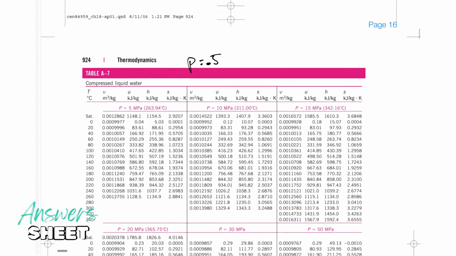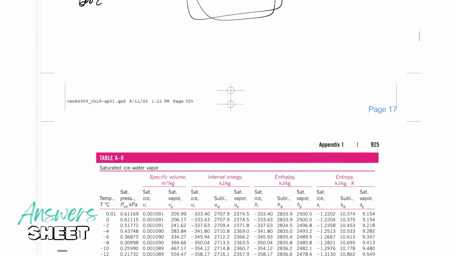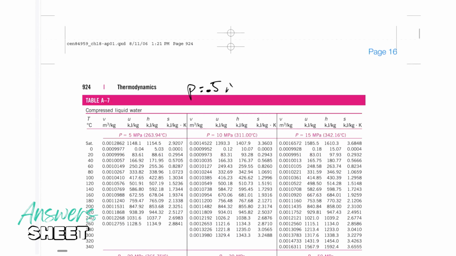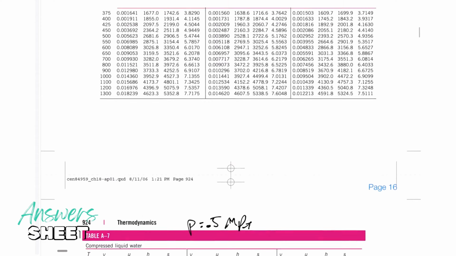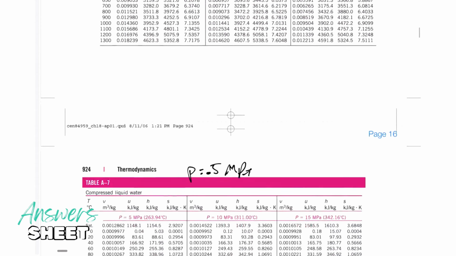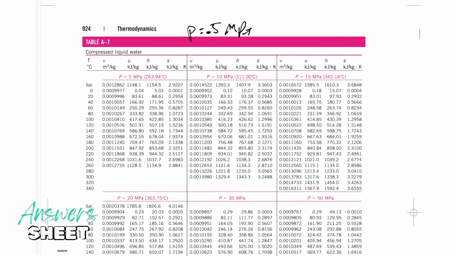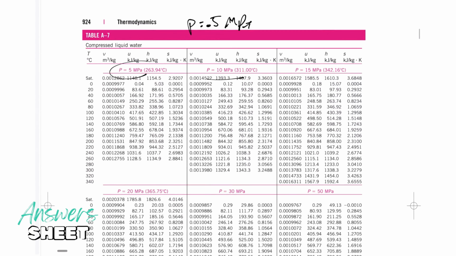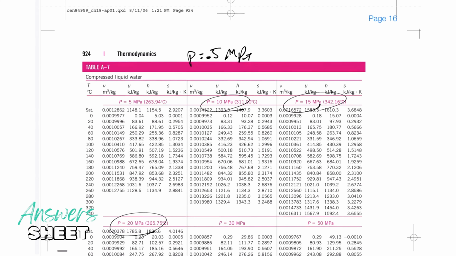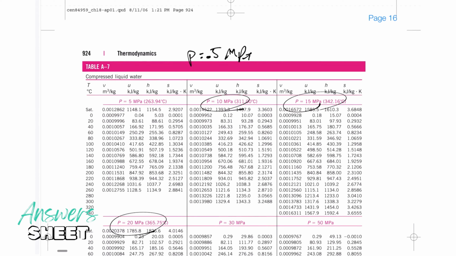A pressure of 500 kPa would mean I'm at a pressure of 0.5 MPa. That is not on this table. These are for pretty high pressures. So, first of all, just double check you're on the right table, because sometimes when your values are not on the table, it means you're not on the right table, but we're on the right table.